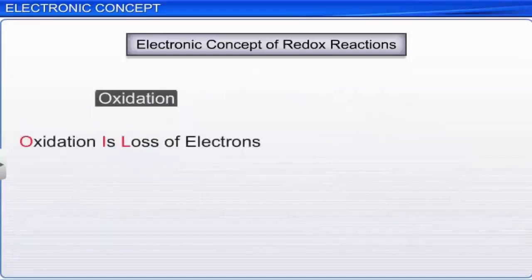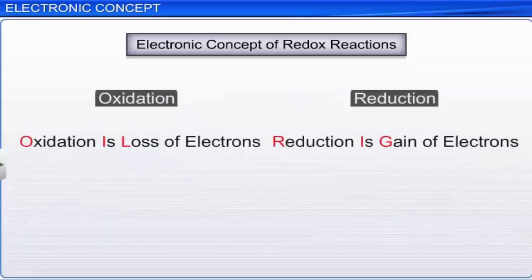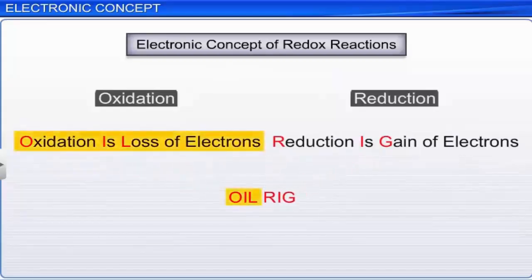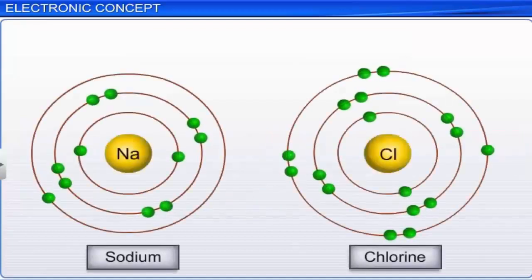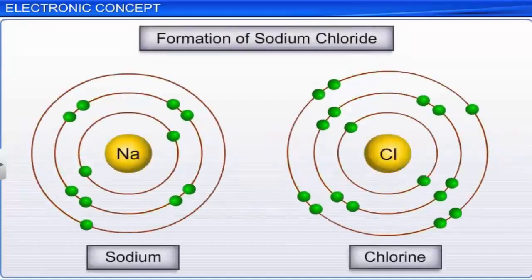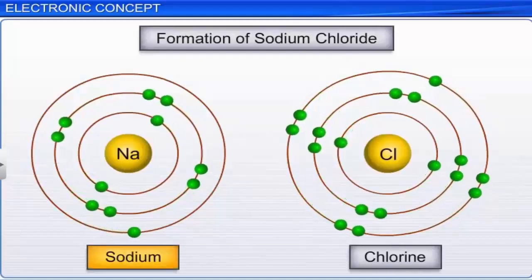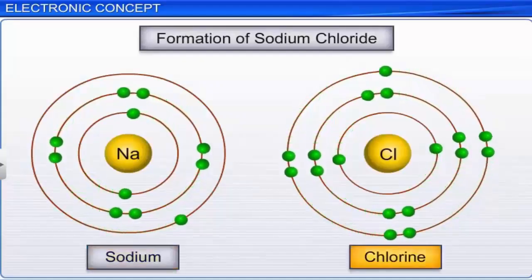The definition of oxidation and reduction can be easily remembered by the mnemonic OIL-REG, which stands for oxidation is loss of electrons and reduction is gain of electrons. Let's take the example of the formation of sodium chloride from sodium and chlorine.